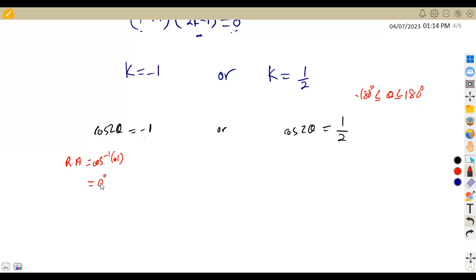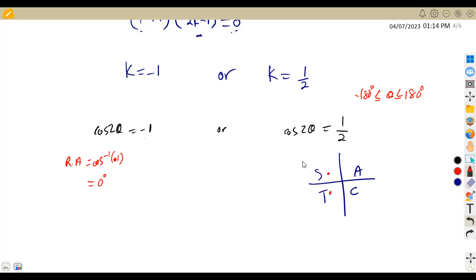That's a 0. So you're now asking yourself the quadrants where you have your cos being a negative. Which quadrants are we talking about where our cos is a negative? From the application of the CAST method, our cos is a negative in the second quadrant and also in the third quadrant.